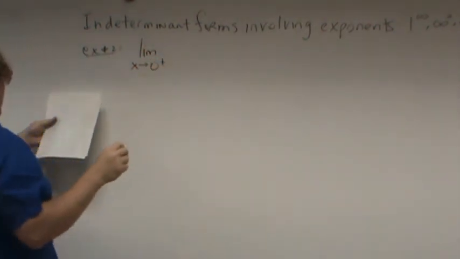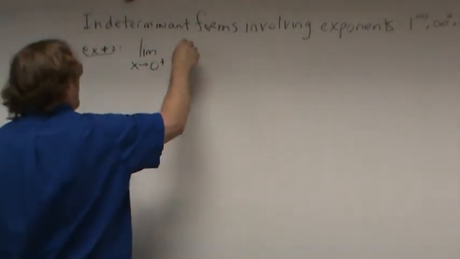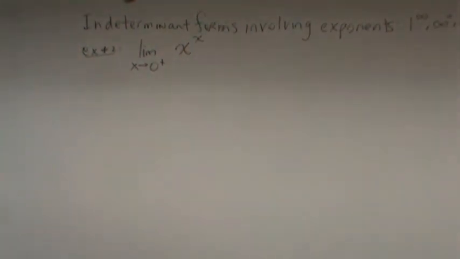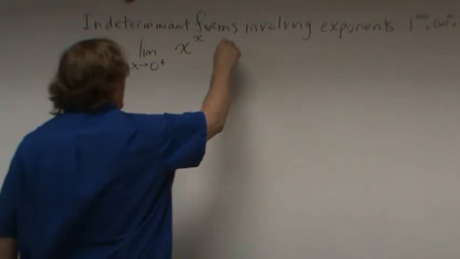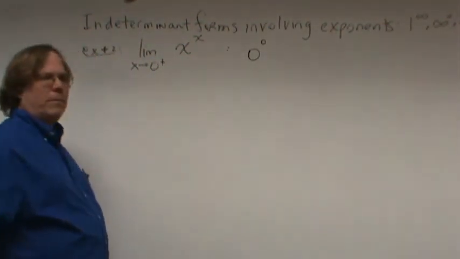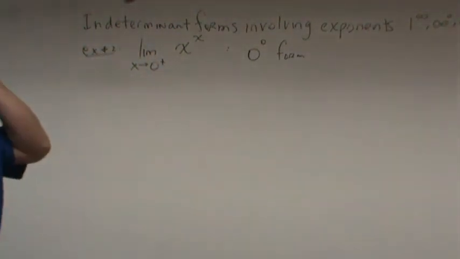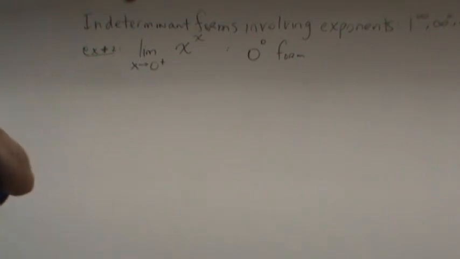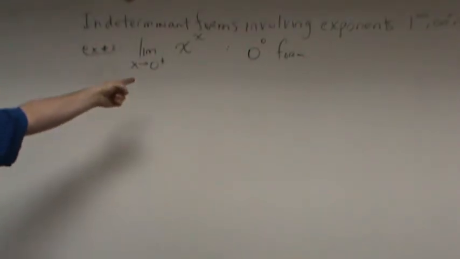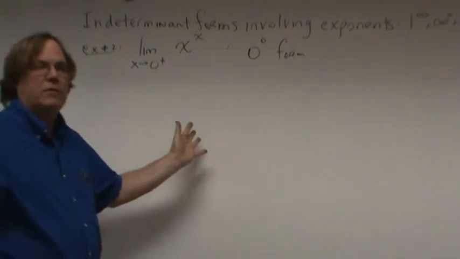Limit as x approaches 0 from the positive direction of x to the x power. Are you okay that this is 0 to the 0 form? This is an indeterminate form. You always want to check what form it is, right? Because sometimes they'll try to pull a fast one on you and give you an exponential that isn't indeterminate.